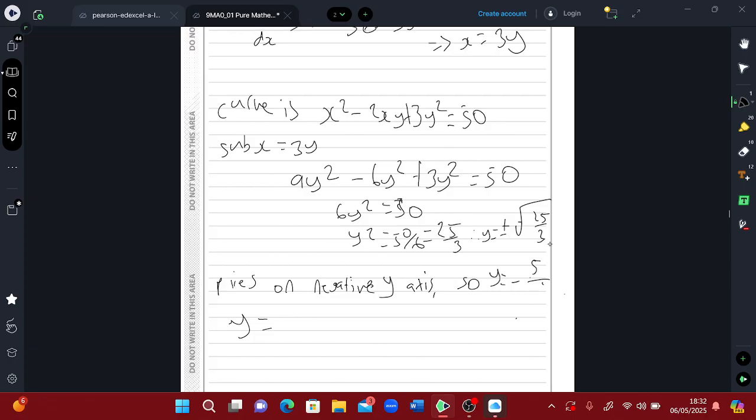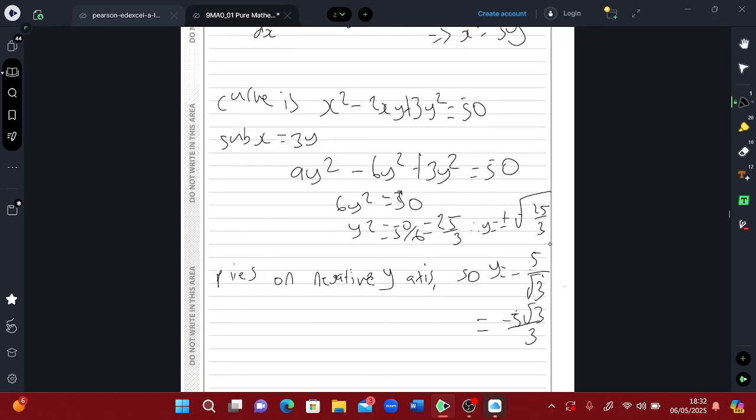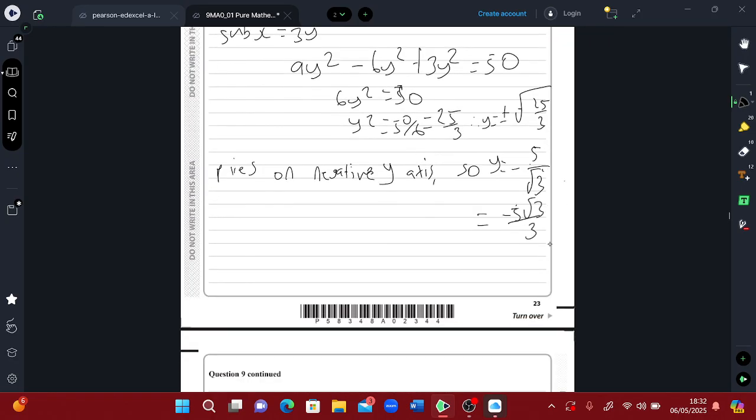So minus 5 over root 3, and actually we can simplify it even more, rationalize it. So minus 5 root 3 over 3. Cool. And x then is 3y, which is minus 5 root 3. Therefore, P is very simply minus 5 root 3, minus 5 root 3 over 3. And that should be the answer.